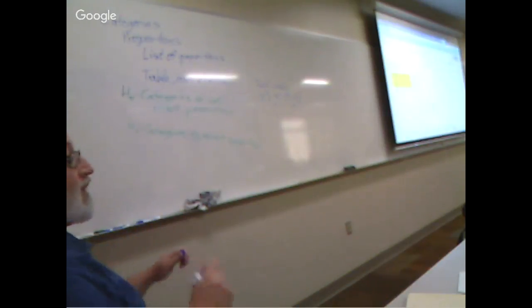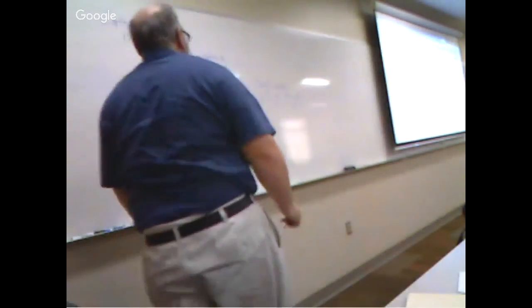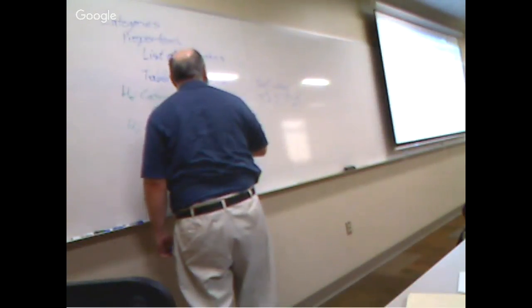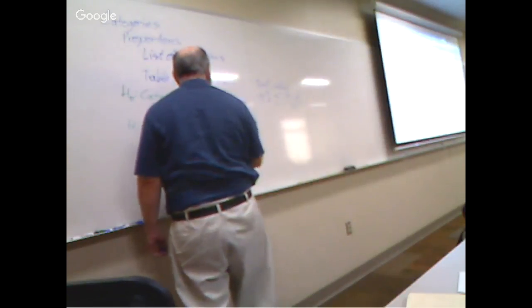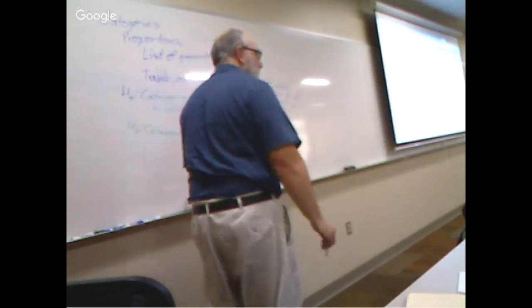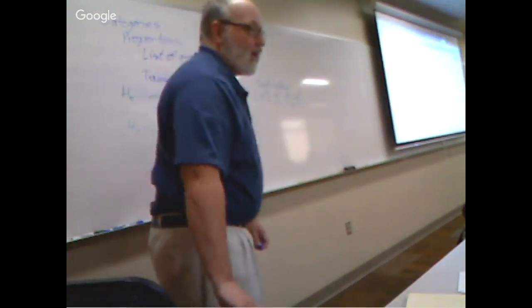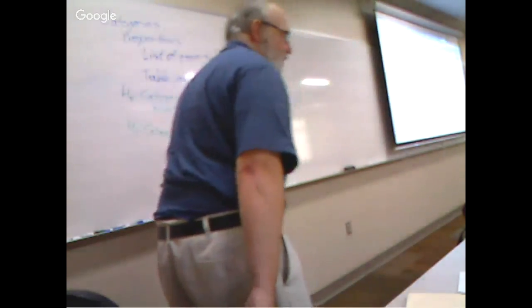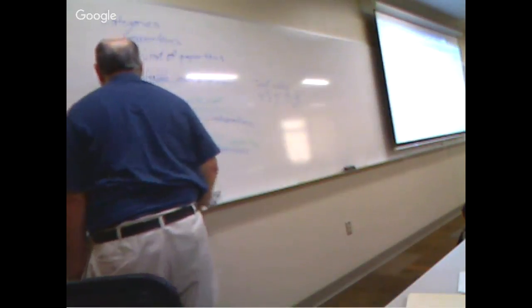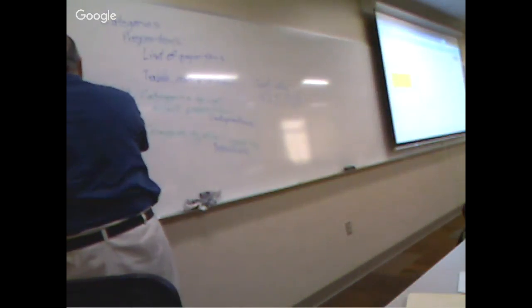These have names. This is called independence. And this is called dependence. Are the categories independent or are they dependent? And so the name of this thing is called a test of independence.